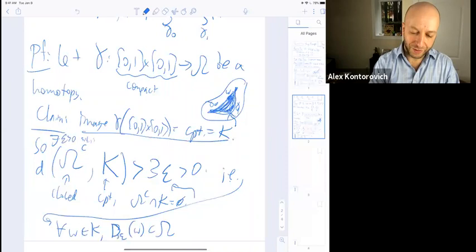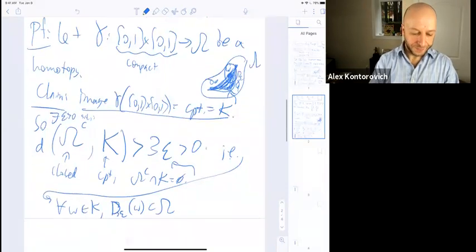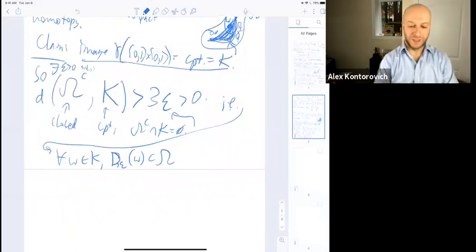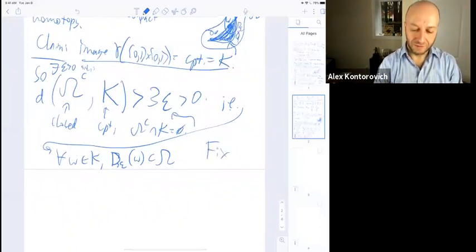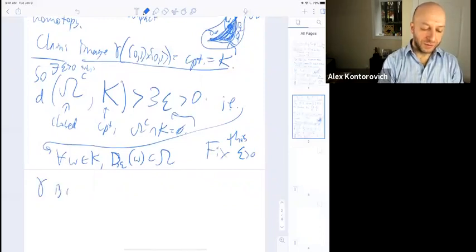Okay, so for every point W, there's this disk of radius 3 epsilon around W that still stays inside your domain omega. So fix that epsilon. Now, big omega is jointly continuous.